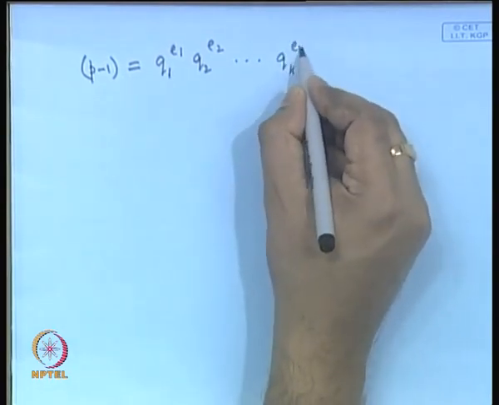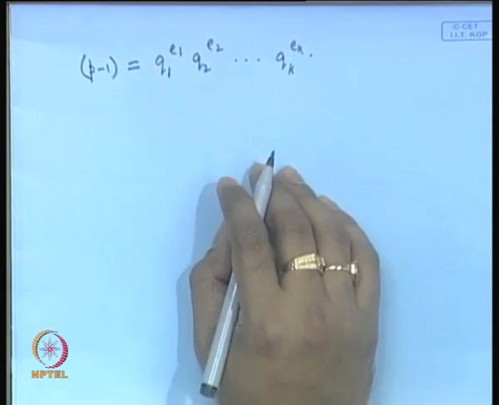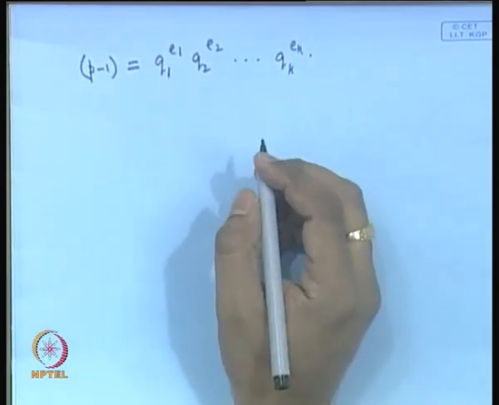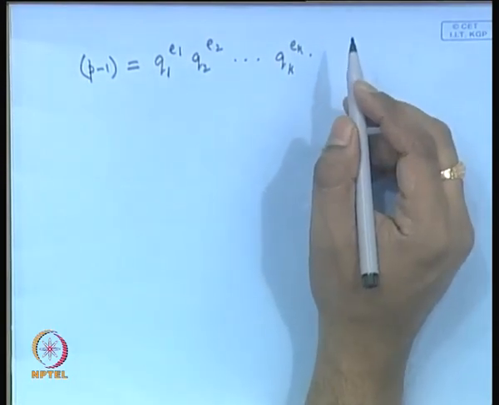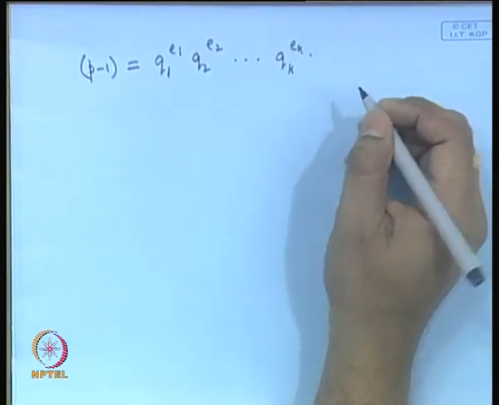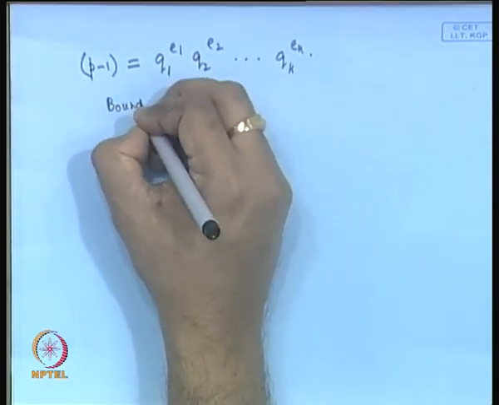Consider there are k distinct prime factors. Now, for this p minus 1 algorithm discovered by Pollard, you need a bound. This bound is denoted by, say, B.